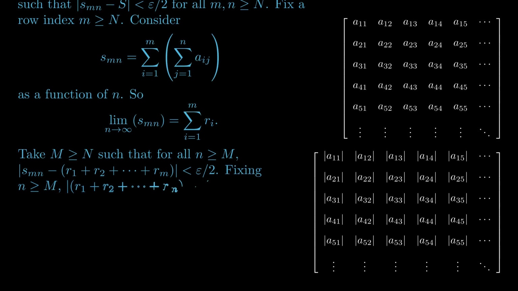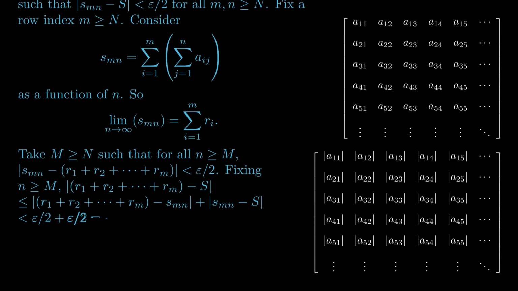And now we look at the absolute value of the difference of the sum of the first m R_i and S, and say that it's less than or equal to, by the triangle inequality, the absolute value of the difference of the sum of the first m R_i and S_mn plus the absolute value of the difference of S_mn and S, and those are both less than epsilon over 2. So the whole thing is less than epsilon.